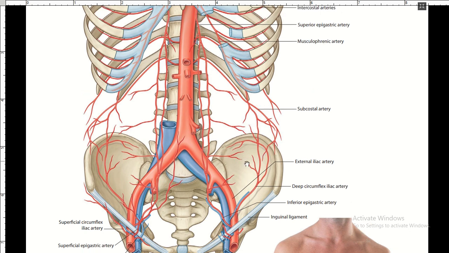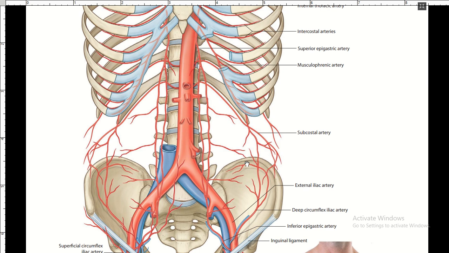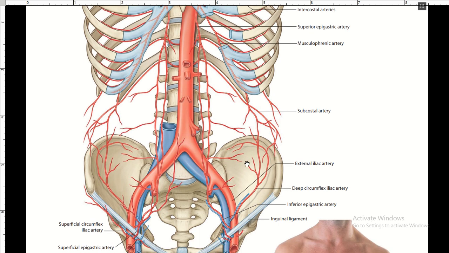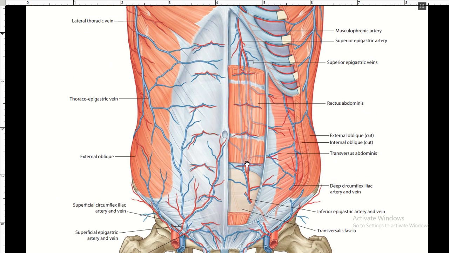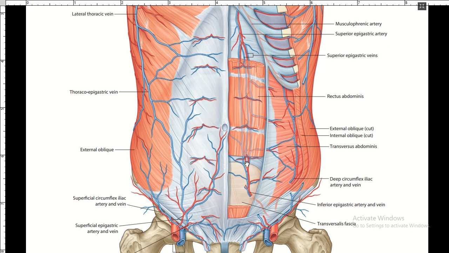Good. Once you have this knowledge, you're able to understand when we classify the blood supply to the anterolateral abdominal wall into three regions.